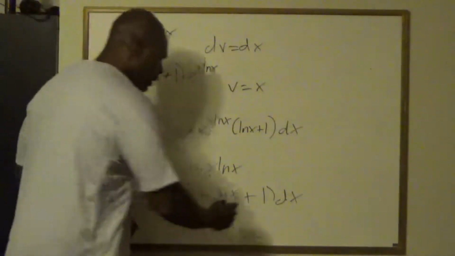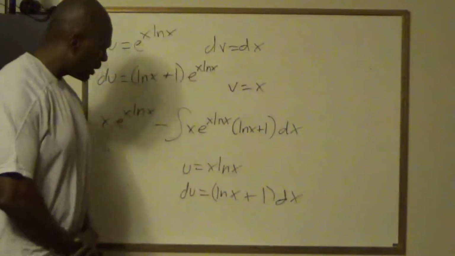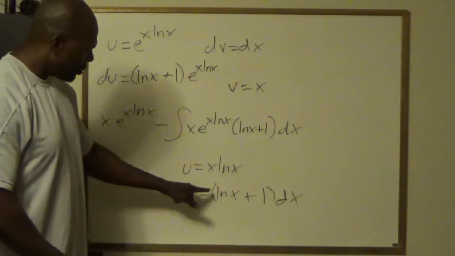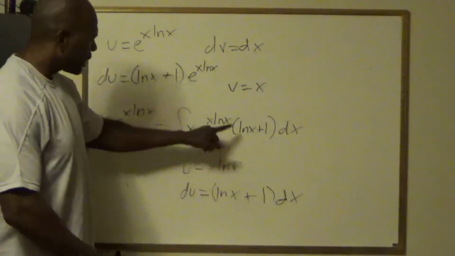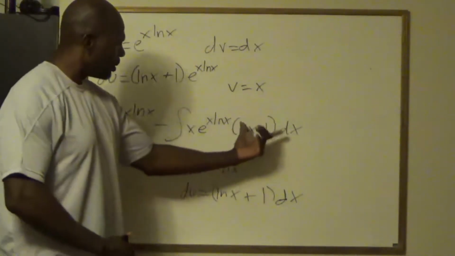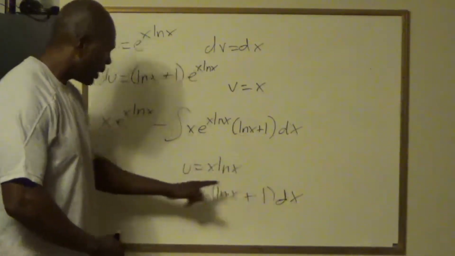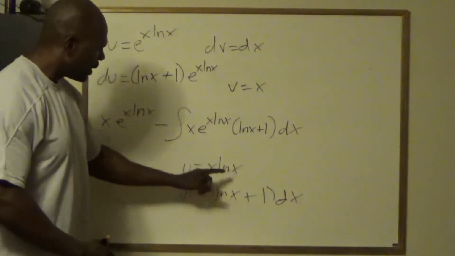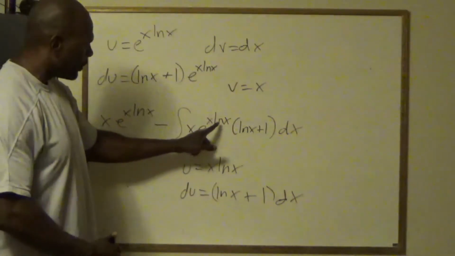And when I thought about it, I started feeling pretty good, because look, du is ln x plus 1 dx. So all of this will be du. It's taken care of. U is x ln x, so this will be e to the u.